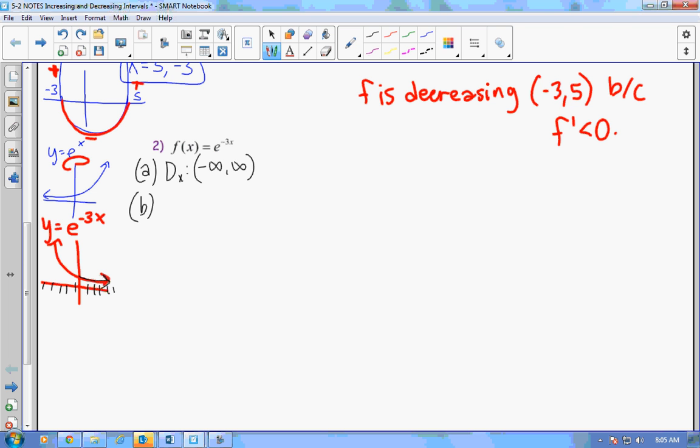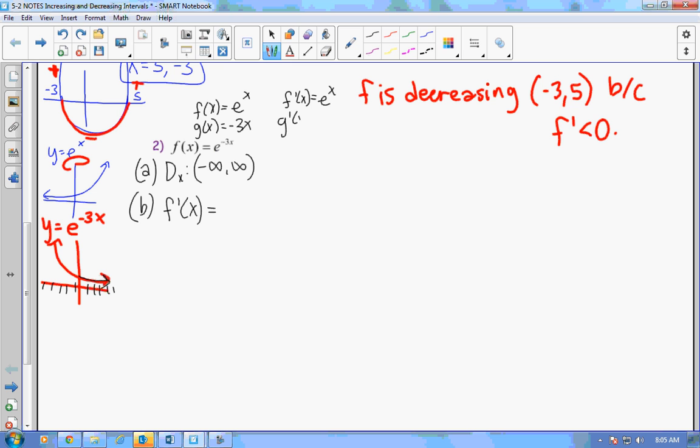So if we take the derivative of f of x, how do we notate the derivative of f of x? That's one way to do it, f prime of x, equals the derivative of e to the x, remember, is itself, e to the x. So this is a little bit of chain rule. f of x is e to the x, g of x is the stuffing, negative 3x. The derivative of e to the x is itself. That's a really nice derivative.